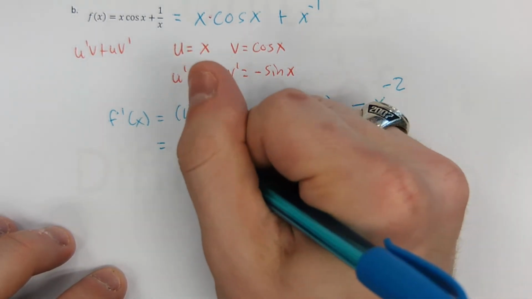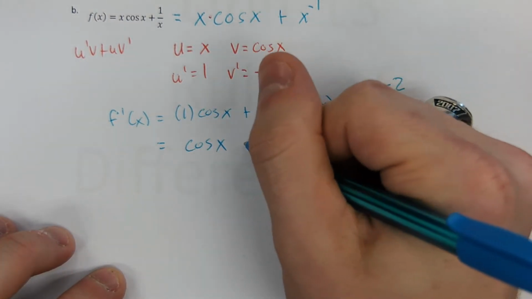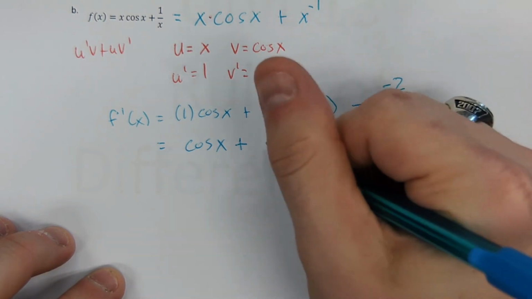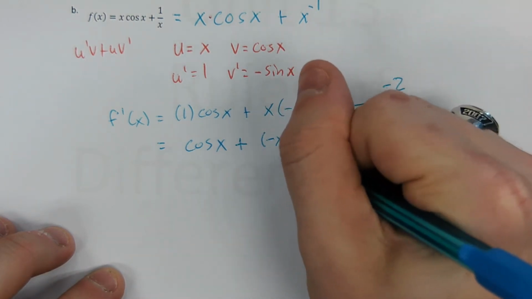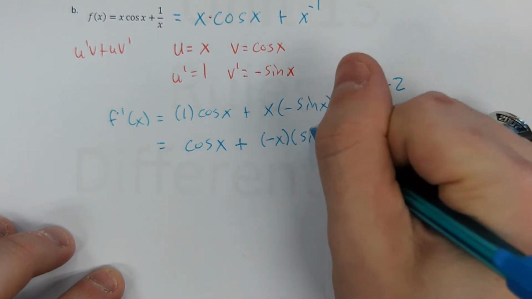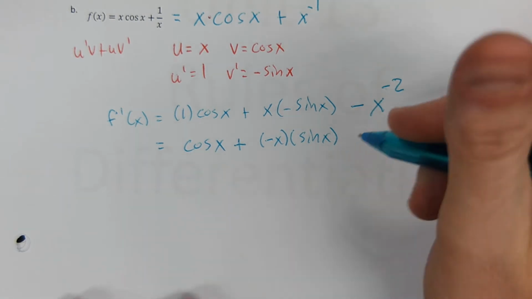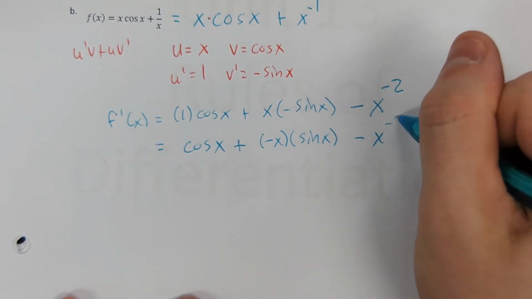So we're going to get cosine x, and you know what I'm going to do? I'm going to keep it like this, just for a moment. I just chose to put the minus on the x that way because I'm going to have to do a product rule. This way my u prime was simple, instead of having to worry about a negative in my v prime. So I didn't really do anything to this.